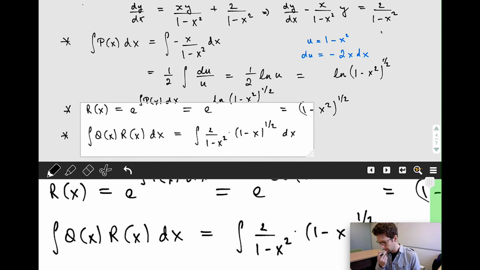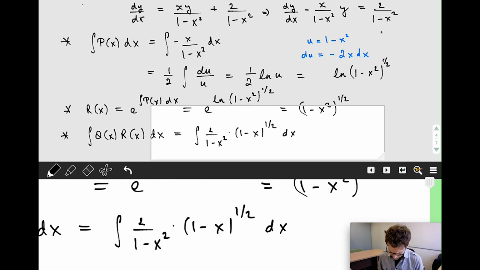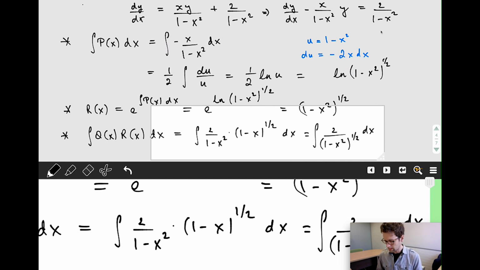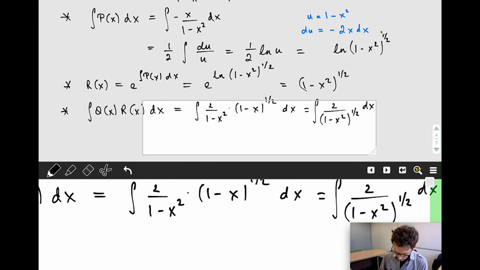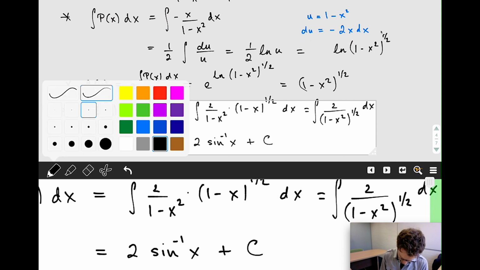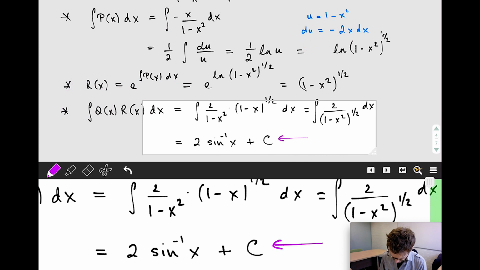So you see that actually we get a little bit of cancellation on top and bottom there. I'm going to get the integral of 2 over 1 minus x squared to the power of a half. It's actually one of the tabled integrals, so that integral is 2 times the inverse sine or arc sine of x, and I need to include a constant of integration. So this is where I do need to include a constant.